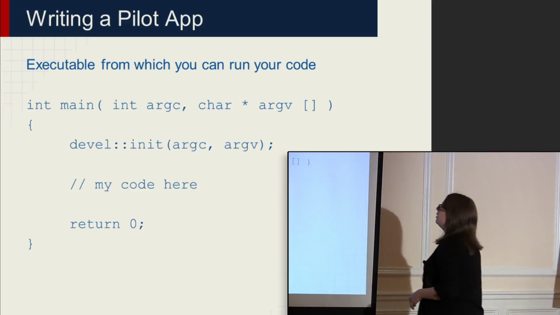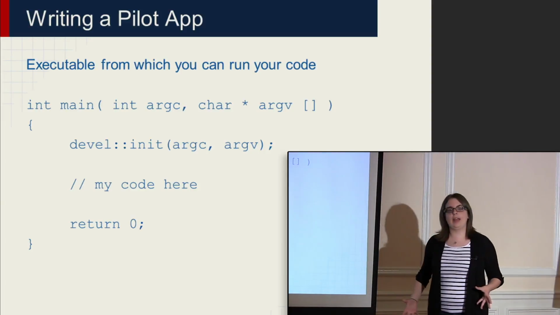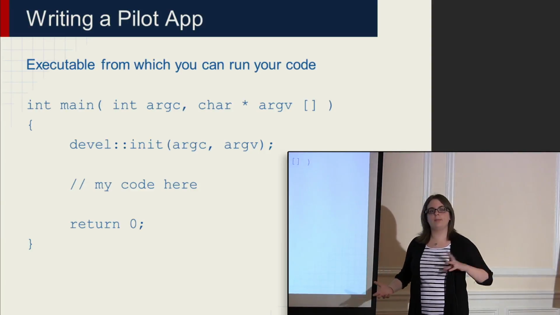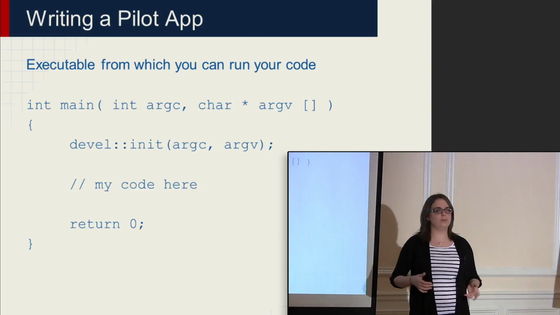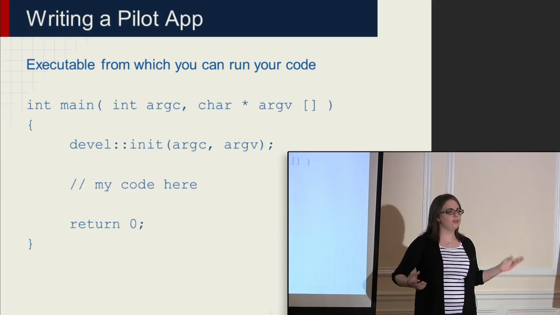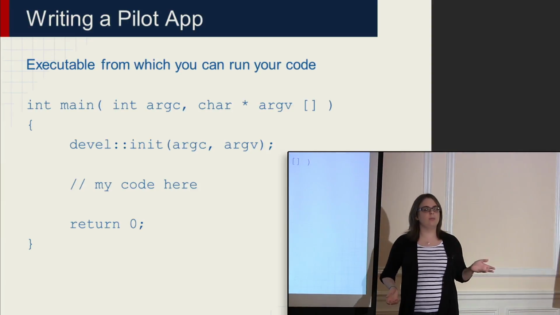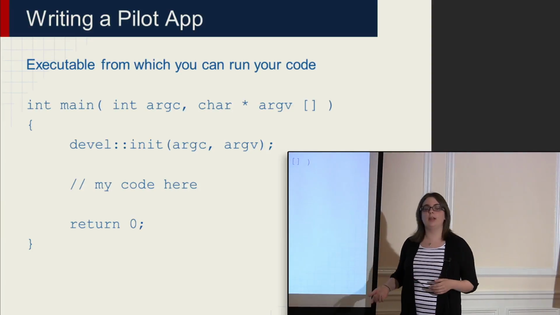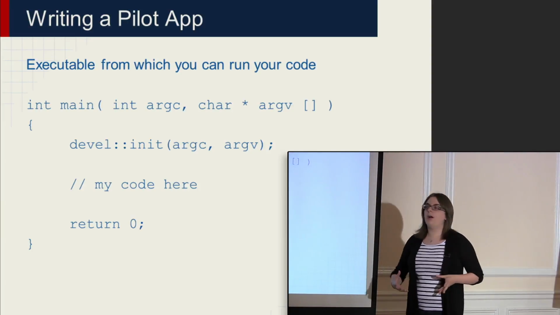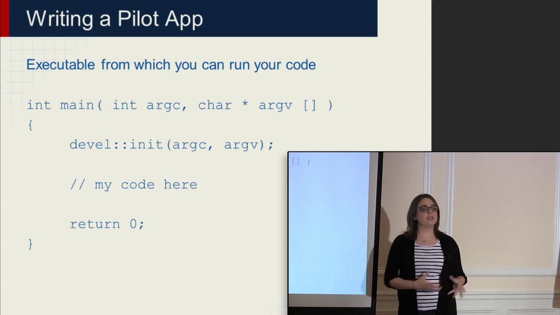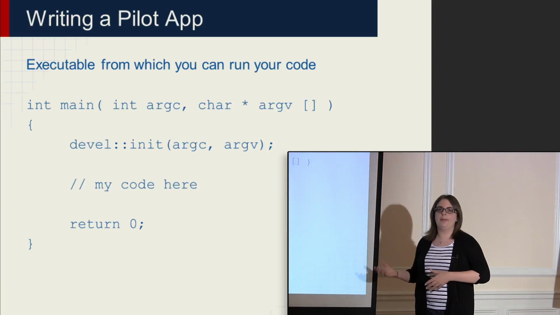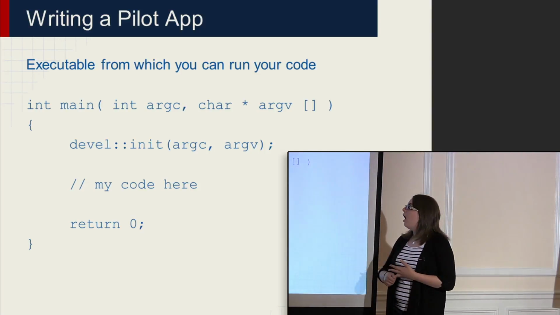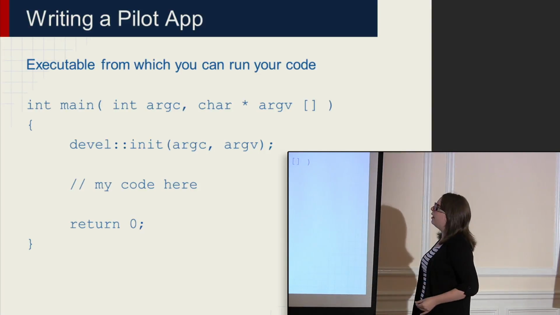And then finally, the last thing I'm going to talk about is writing a pilot app. Pilot apps are the forum that Rosetta uses to start developing protocols. These are executables like you worked with in the homework, where you can just write code directly in the file, compile it, and run it. Pilot apps are often where applications that are in development will eventually mature to public apps that you might be more familiar with, like Relax or Ab Initio or docking. And they tend to have a uniform format.